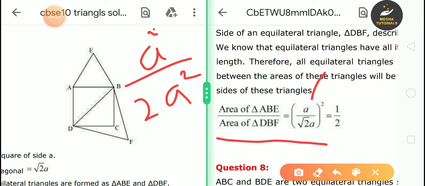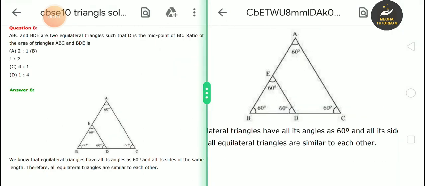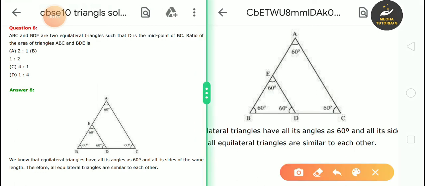So A square will cancel and it will remain 1/2. Therefore we can say that area of triangle ABE upon area of triangle DBF is equal to 1/2, which is the required proof.